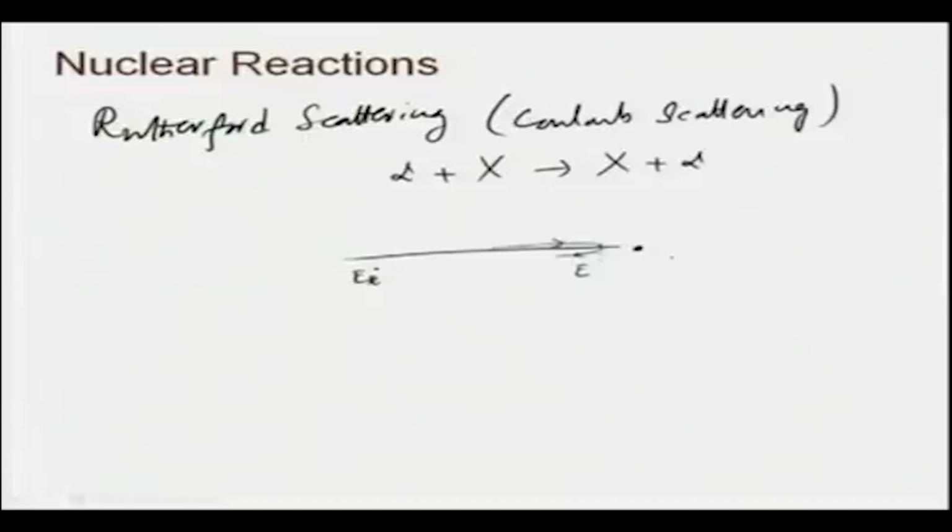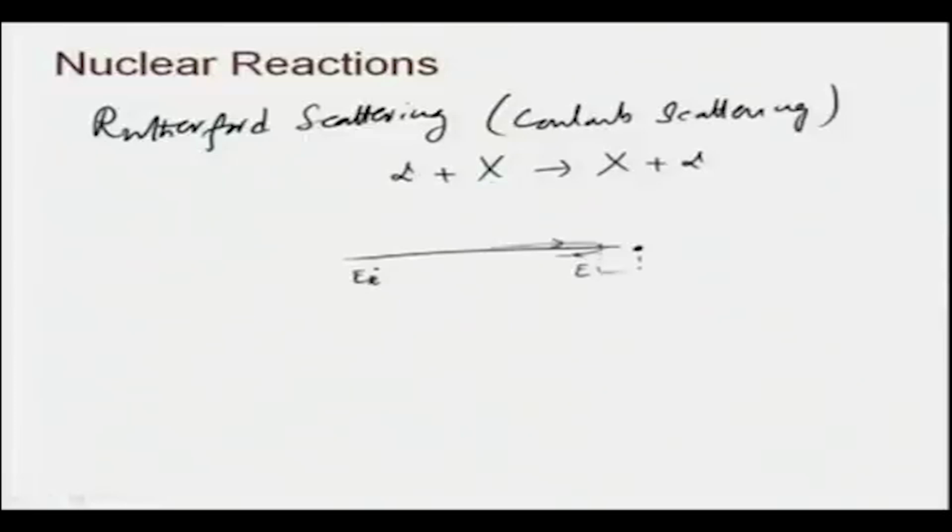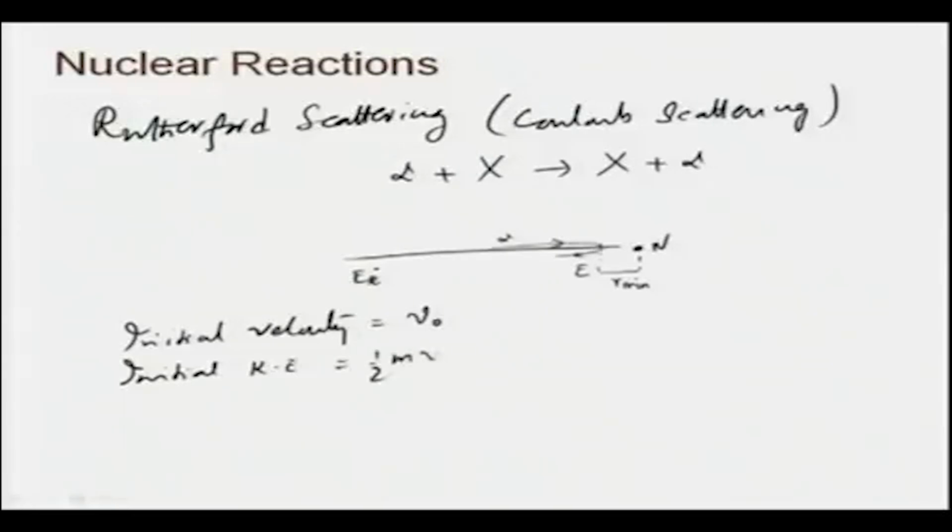So, in the case of head on collisions, there is a point at which the velocity is 0, the point of return or point of closest approach, R minimum. Okay. So, this is your nucleus and this is your alpha particle. Let us say the initial velocity is V 0, and the initial kinetic energy is half m V 0 square, where m is the mass of the projectile.